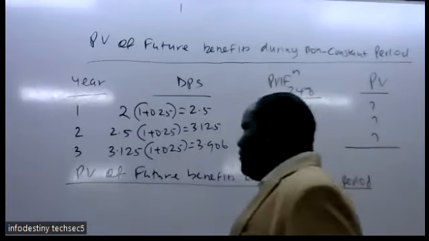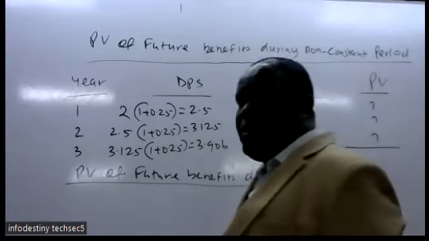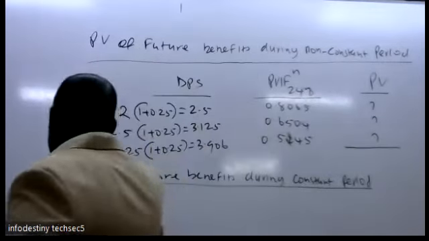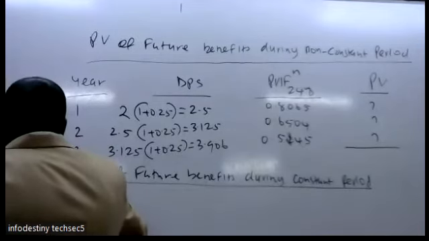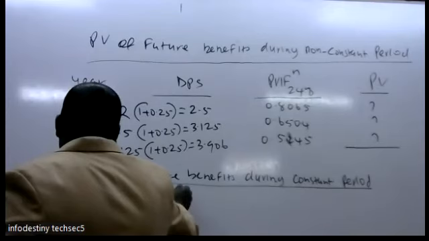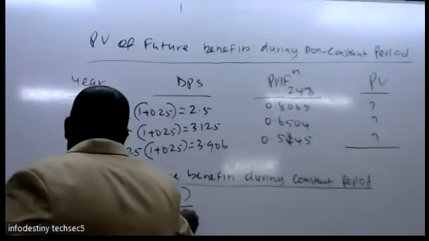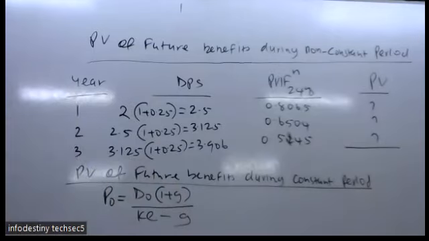When it is the constant period, P0 should be equal to D0 in brackets of 1 plus g divided by Ke minus g.